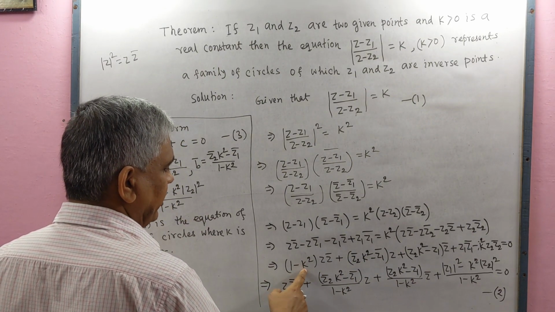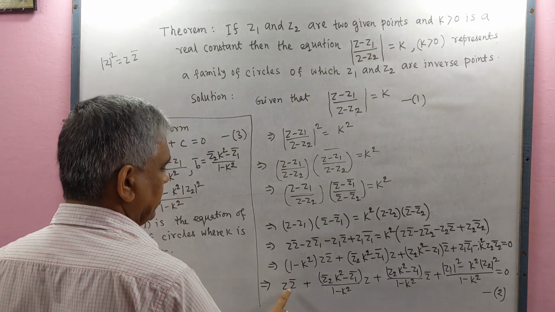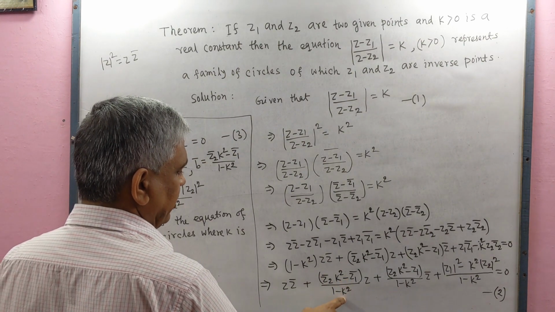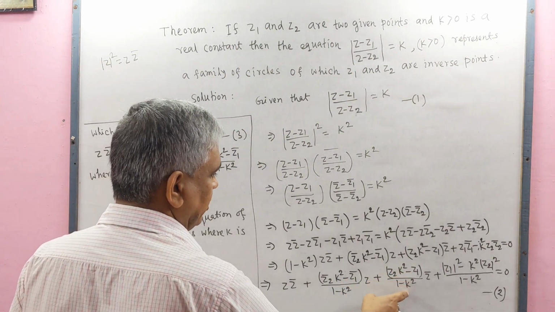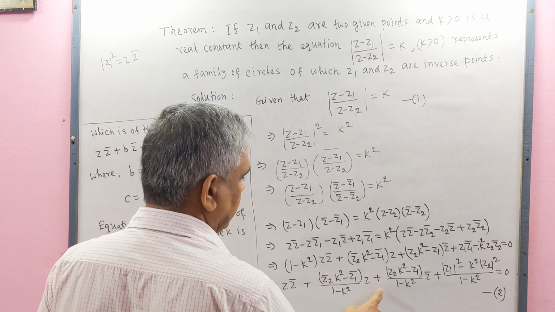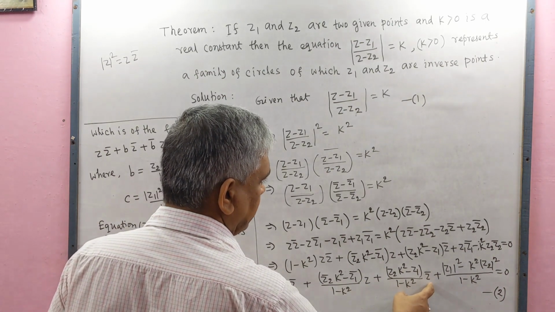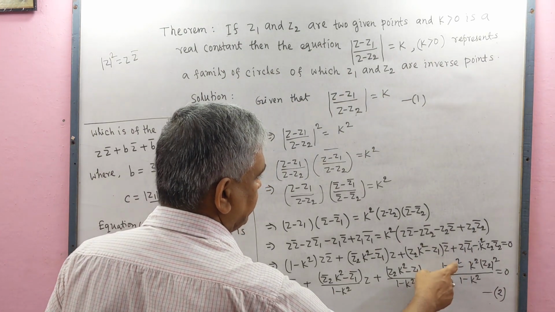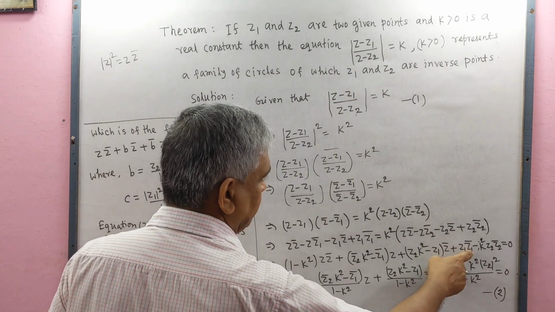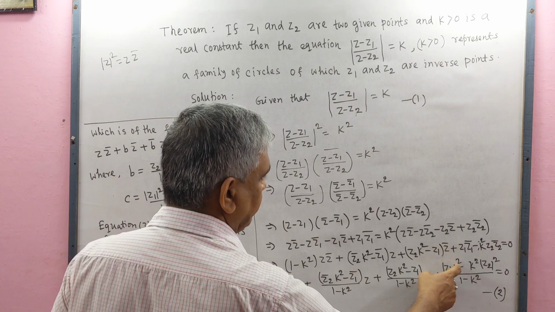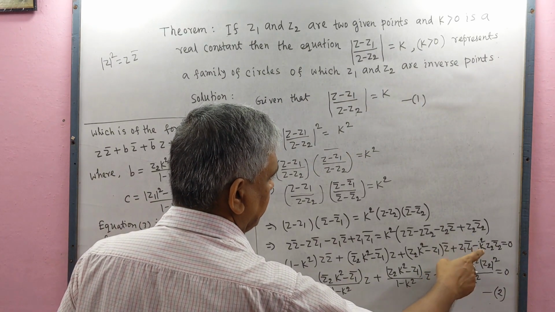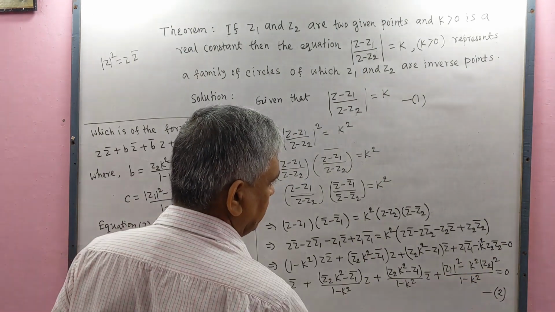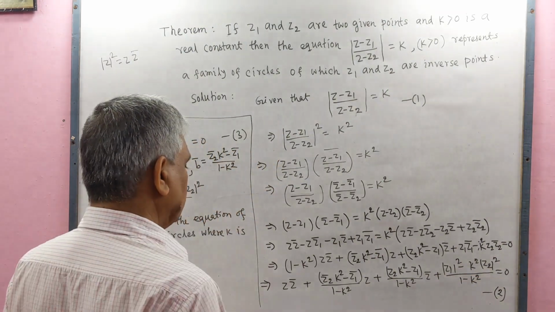Dividing by 1 minus k square we get Z Z bar plus this quantity by 1 minus k square Z plus this quantity by 1 minus k square Z bar. Here Z1 Z1 bar equal to modulus of Z1 square and Z2 Z2 bar equal to modulus of Z2 square, by 1 minus k square equal to 0.